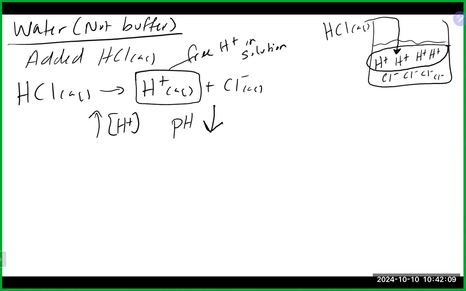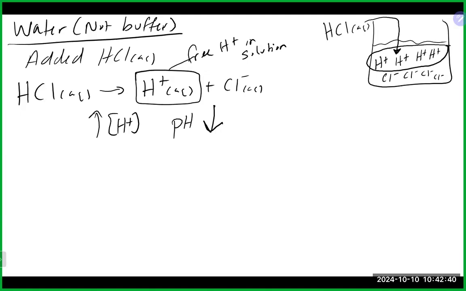Because you just influxed a bunch of H plus freely floating around. That's going to have a pretty drastic shift in the pH of that solution. So let's say you had neutral water with a pH of 7. Maybe the water goes from 7 all the way down to a pH of 2, right? A pretty big drop in the pH because of that big influx of H plus into that solution, hence why water is not a buffer.